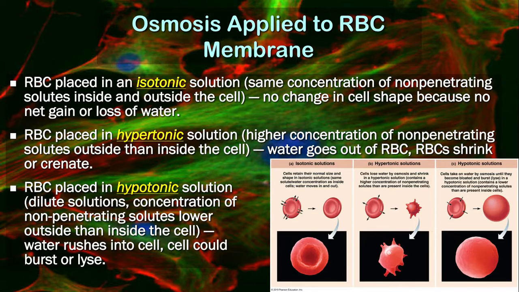So iso is equal. Hyper is more solute. That means hypo is going to be less solute. So that means our solution around our cells has less salt than the cells themselves do. So what's an example of something that would have less salt than a cell?